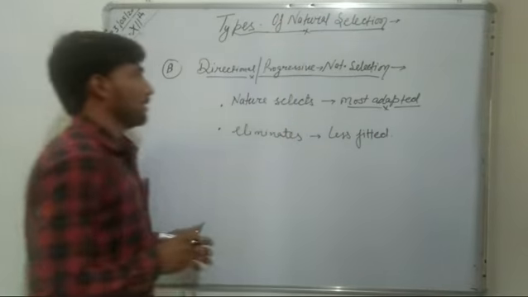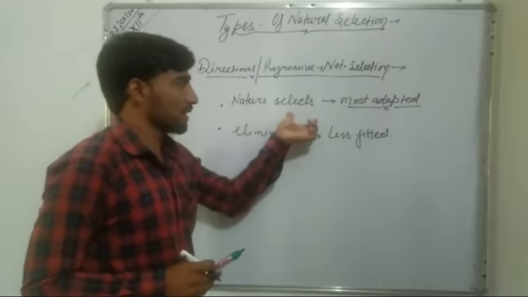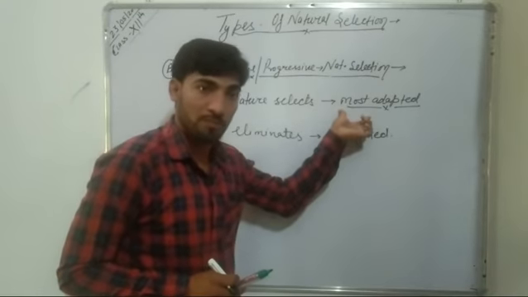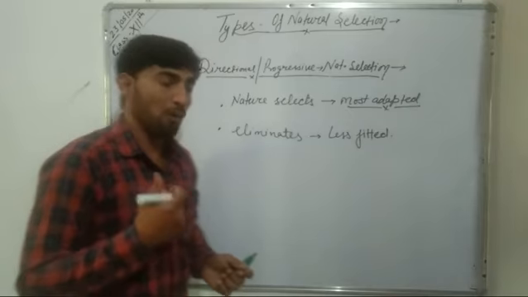So in directional or progressive natural selection, nature selects the most adapted organism and eliminates the less fitted or less adapted organism.